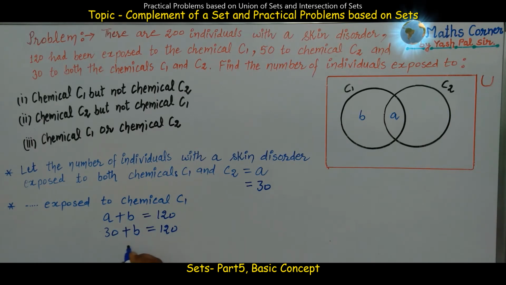So from here we can find the value of B, 120 minus 30, which gives us B is equal to 90 individuals.